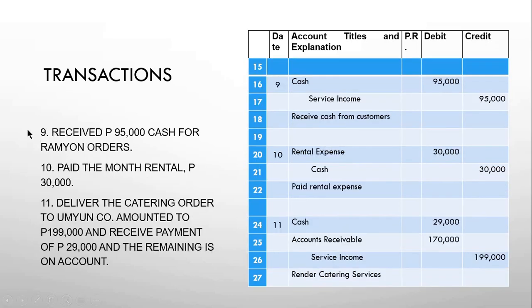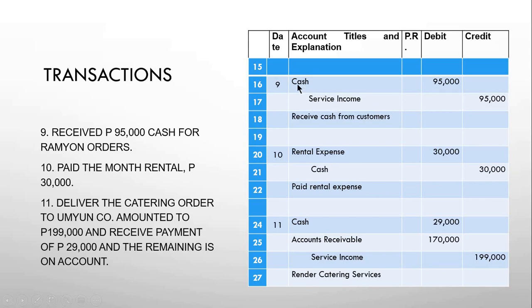On January 9, received 95,000 cash for ramyun orders. So, may nag-order for cash. Okay? So, dahil naka-receive siya ng cash, as you can see, yung date natin is 9, hindi tayo naglagay ng January. Kasi again, all of these transactions happen on January. So, naka-receive siya ng cash, kaya debit cash. Naka-receive ng service income.